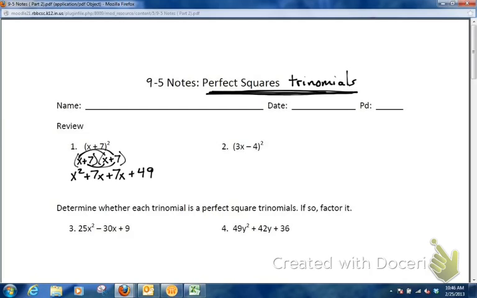Giving you your final answer here once you combine these two middle terms of x squared plus 14x plus 49.